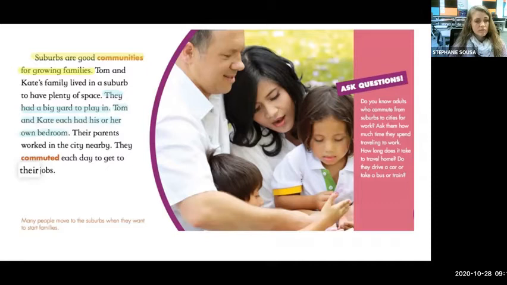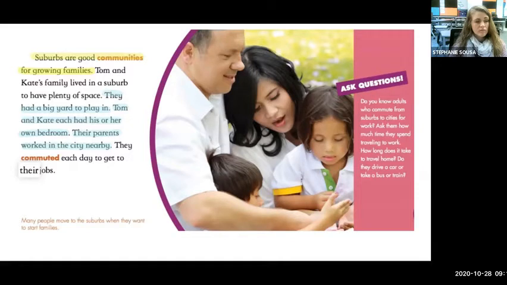I also noticed the author mentions how the parents worked in the city nearby. This author is describing why the suburban community is a good community for this family. They have a yard. The kids have enough space by having their own bedrooms. And the parents' jobs are close by in the city.